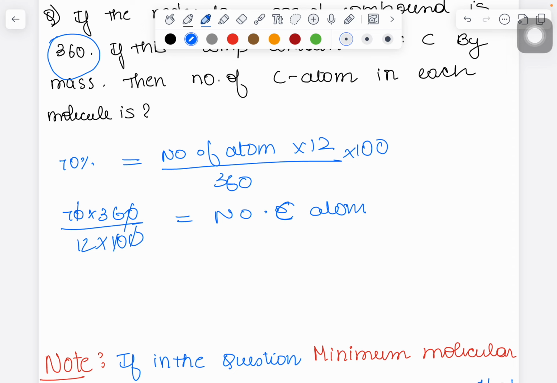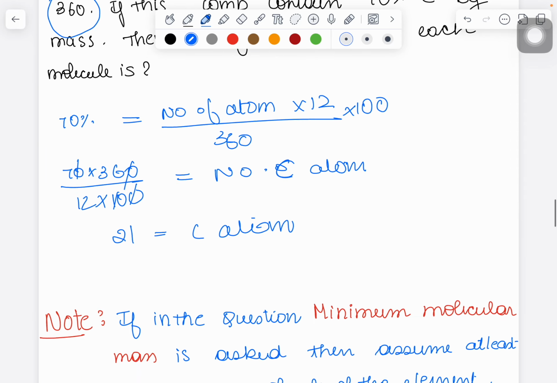We can simplify this: 7 into 36 divided by 12. So the answer is 21 carbon atoms.